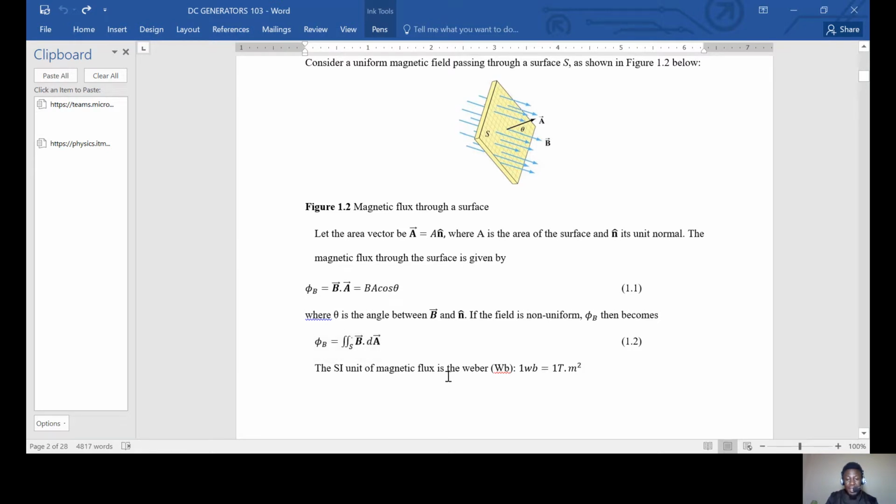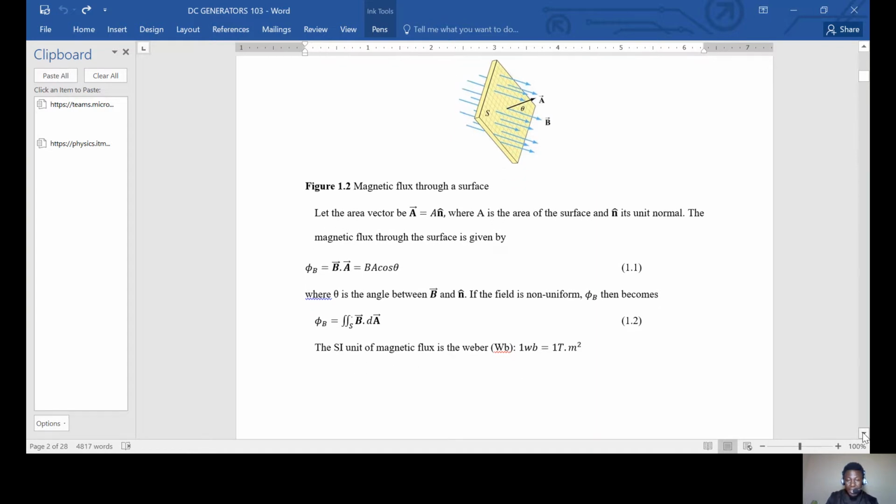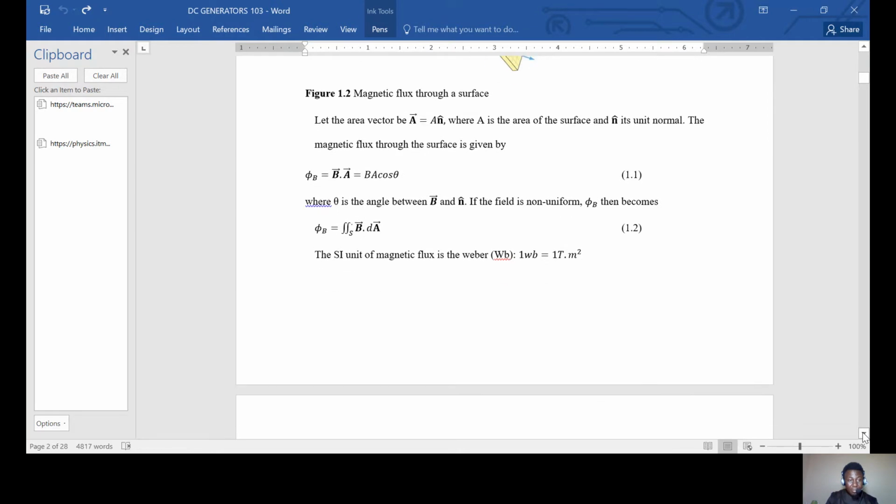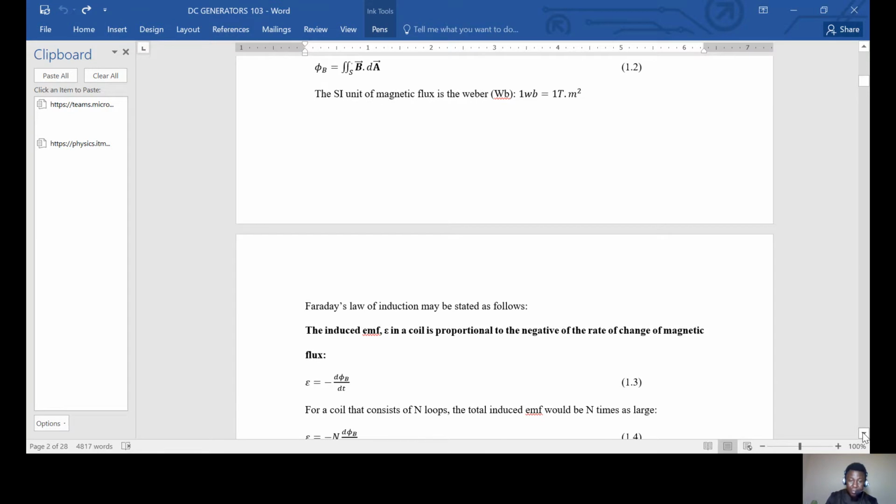The SI unit of magnetic flux, as we already explained, is Tesla per meter square. That SI unit is called a Weber.